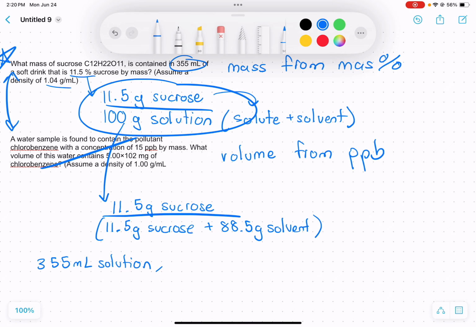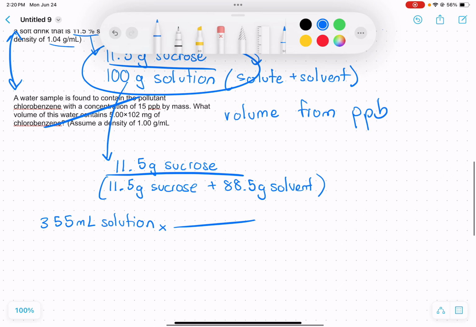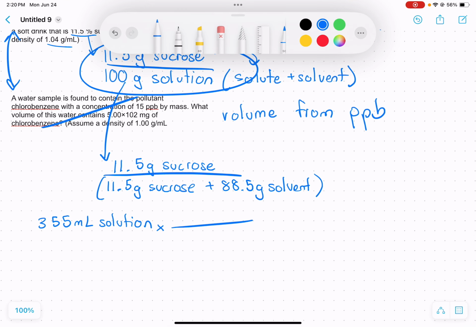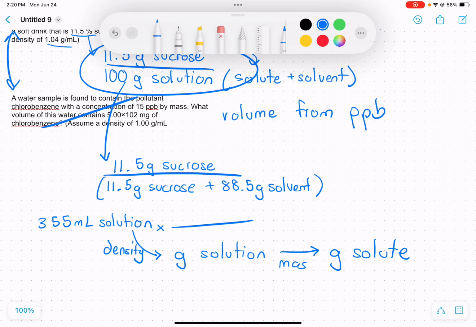Let me map this out for us. We're going from volume of the solution to grams of the solution to grams of the solute. Here we're going to use density to do this conversion, and here we're going to use the mass percent.